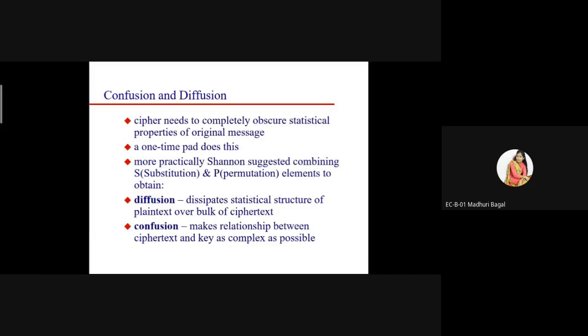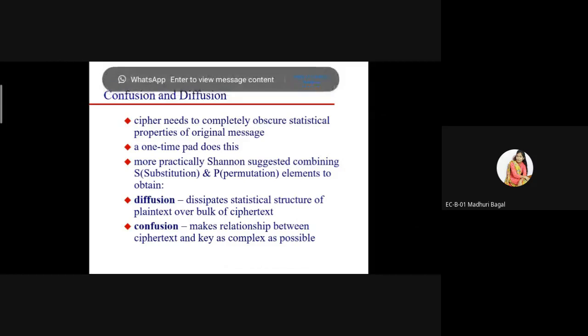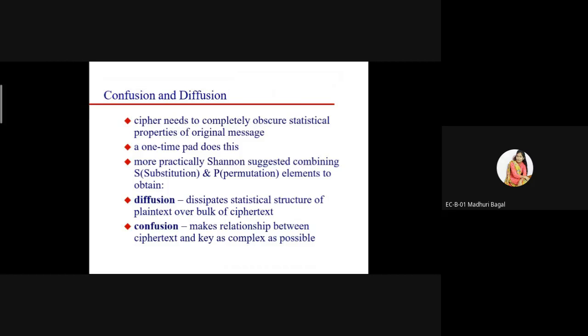In diffusion, we can hide the information between plain text and ciphertext. Diffusion uses these two things, one is plain text and another is ciphertext. If we change any particular bit in the plain text, then there is a change in the ciphertext.